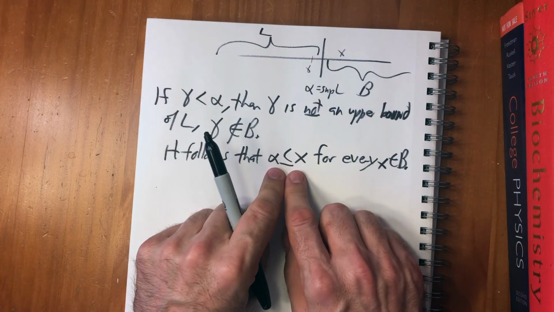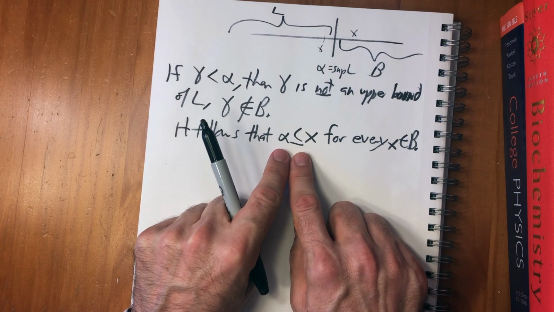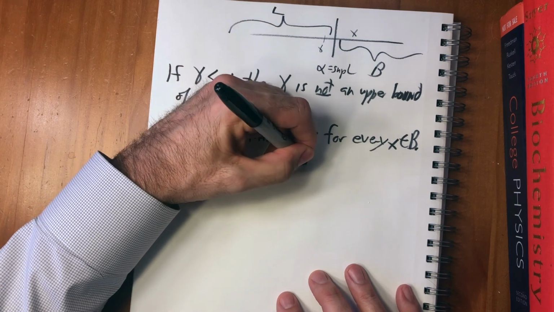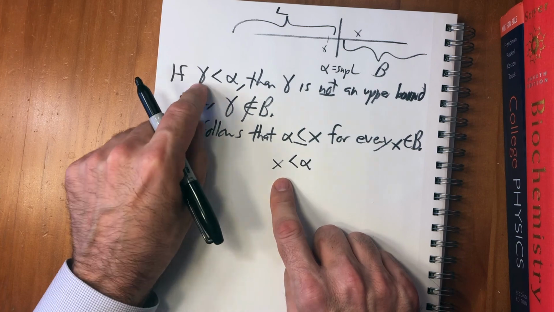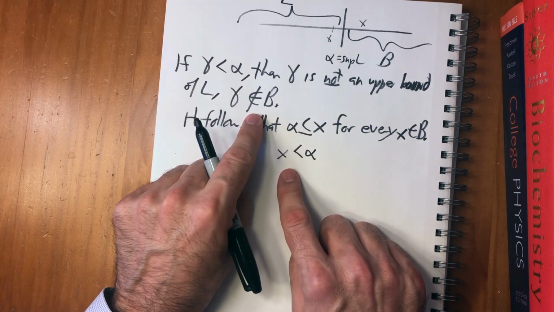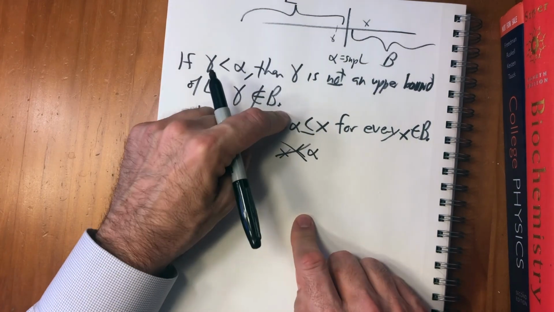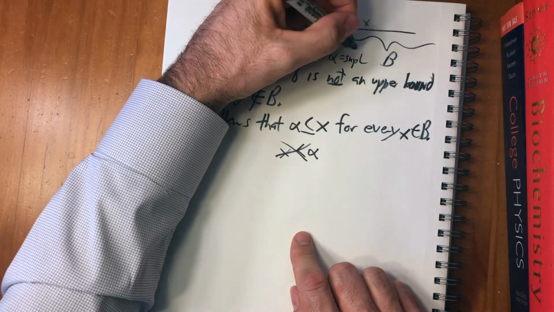So what we're saying is basically the opposite of this cannot be true. It can't be that we have x less than alpha, because we just established that if something is less than alpha, then it's not in B. So this cannot be true. If it's not less than, it has to be greater than or equal to. So it follows that alpha has to be less than all of the x's.